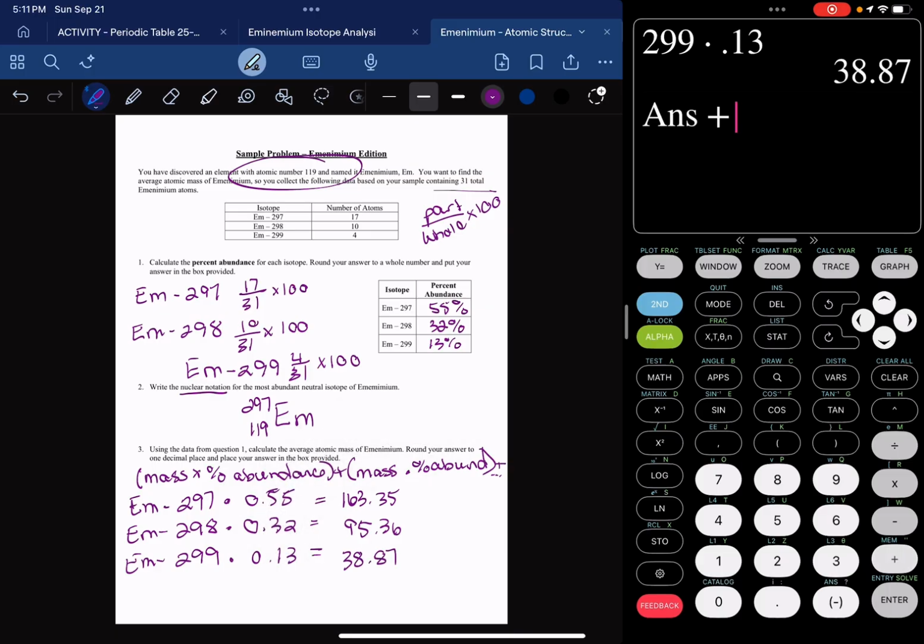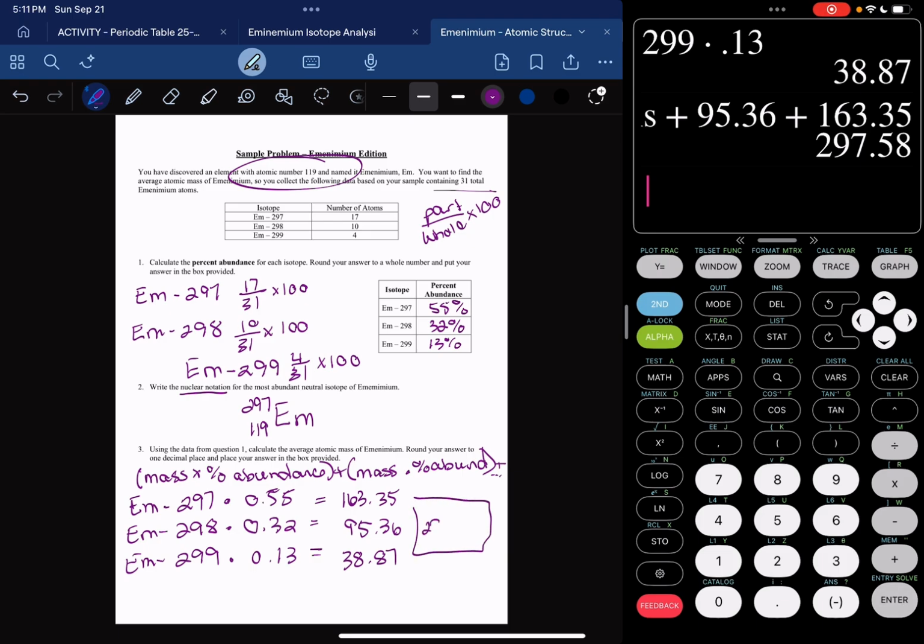Okay, so this number plus 95.36 plus 163.35. And our answer is 297.58 AMU, atomic mass units. Okay. All right, so this is our answer.